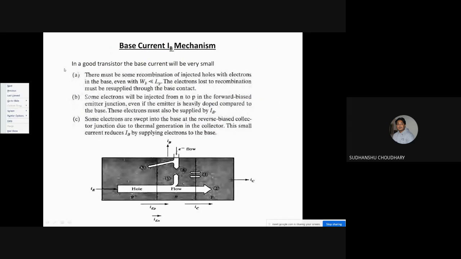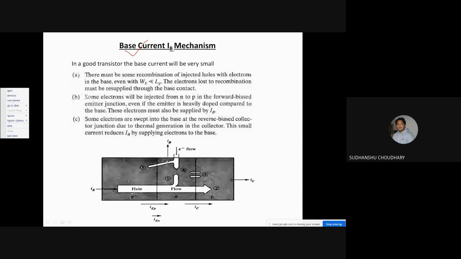Now we have already commented on why there would be base current. Okay. So we have said that there will be base current because of loss of electrons in the base. Some electrons have to be supplied into the base by the base terminal, and when the electrons are moving in this direction, obviously the base current will be out of the base.